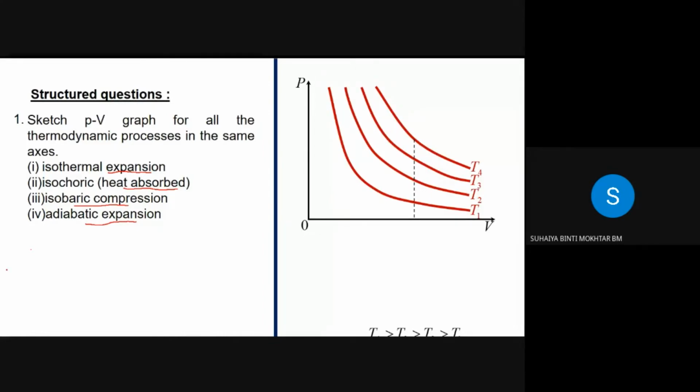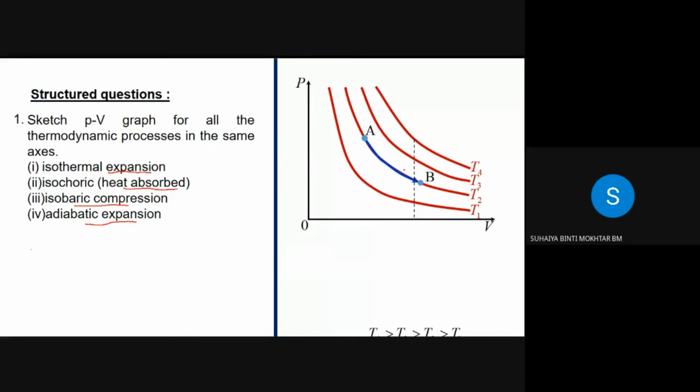So arrow mesti betul. So mesti increase volume. Tak boleh up. Up dia akan decrease, dia akan compress. So volume kita mesti increase. Why? Because isothermal expansion. They expand, so volume increase. So TA equals to TB, equals to T2.